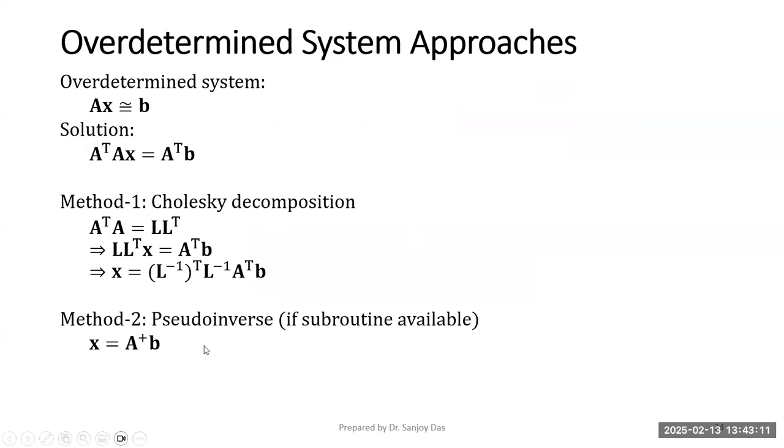Or, whatever software package you use, which in our case is MATLAB, if it has a built-in subroutine, which MATLAB does for the pseudo-inverse, then x equals A pseudo-inverse B. Method 3 is QR decomposition, and that we will see in the next lecture.